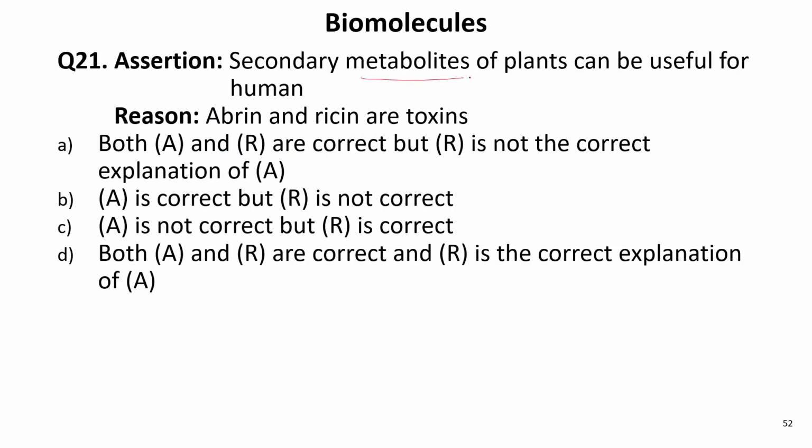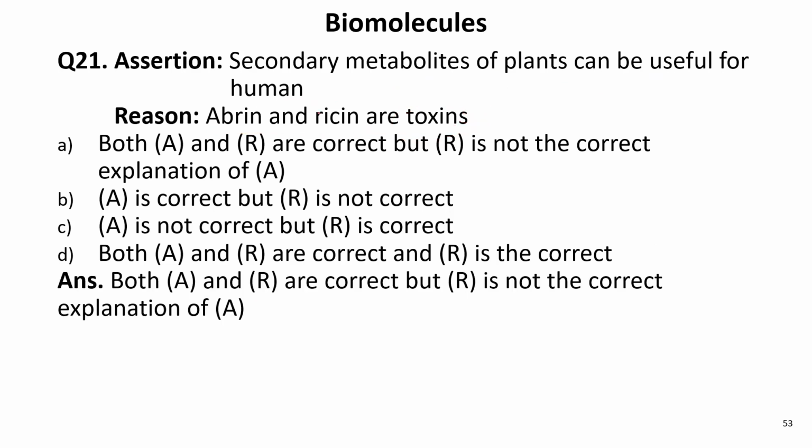Secondary metabolites of the plants can be used for human. Abrine and ricins are the toxins. Yes, there are so many secondary metabolites of the plant that are very useful for the human. This is correct. Abrine and ricins are the toxins. This is also correct. But this is not the correct explanation of the first statement.